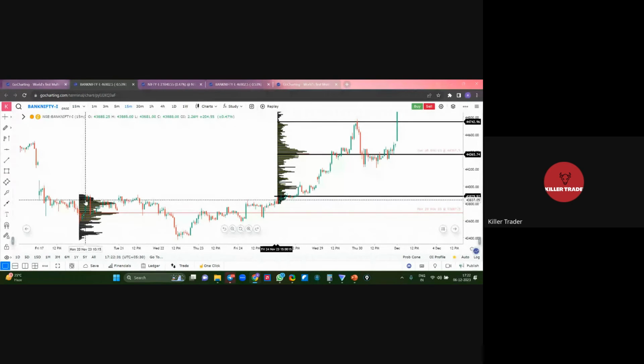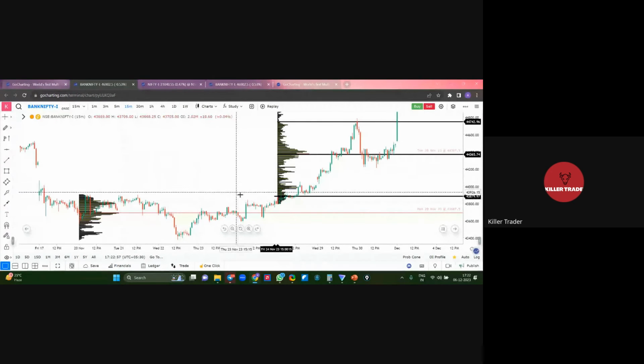Identify where the market closed and where your value area is, for example. In this case, on Friday, the markets closed somewhere to the upside and your value area is also to the upside. So this tells you that along with the movement of price to the upside, there is also higher volume present in this area. That's what your value area basically talks about.